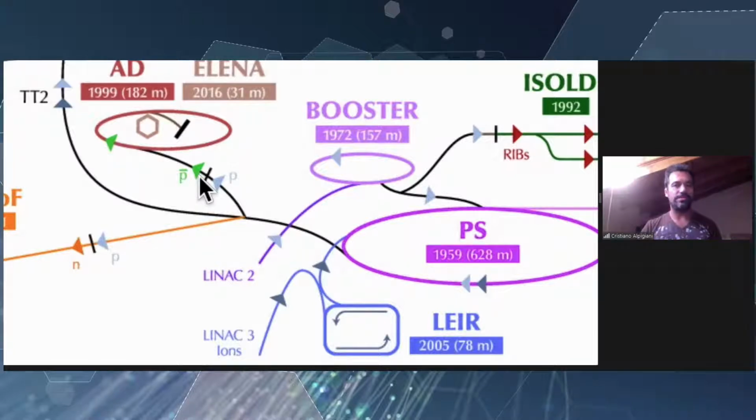Iridium is a very dense material, with a dense nucleus. And basically what happens is the protons coming from the proton synchrotron accelerator hit the target made of iridium. They interact with the protons and neutrons and electrons that are inside. And from the interaction between the protons from the beam and the protons from the target, you produce a lot of particles. Among them, you produce antiprotons.